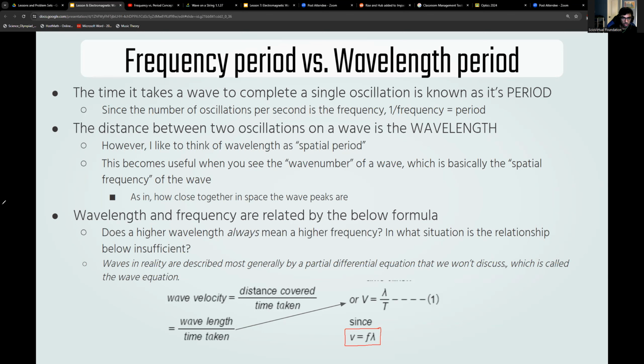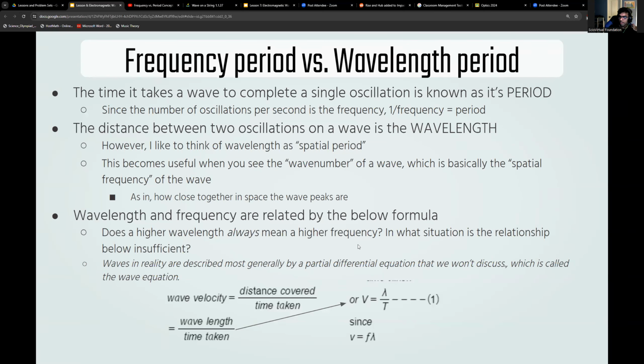Does a higher wavelength always mean a higher frequency? And in what situations is the below relationship insufficient? There are situations in which changing the wavelength... So when we have an effect called dispersion, which in general in physics refers to mediums where there is a frequency dependent wave velocity, this relationship is insufficient.